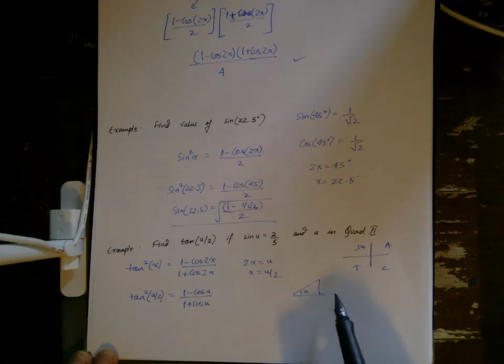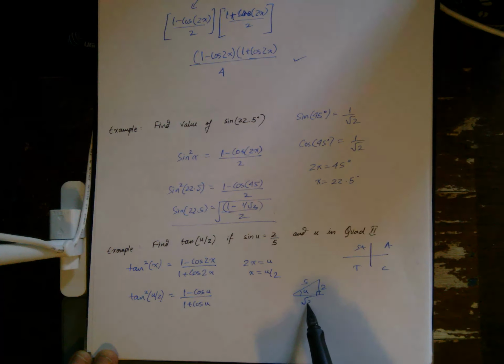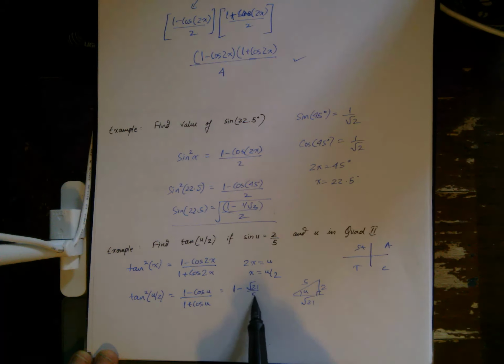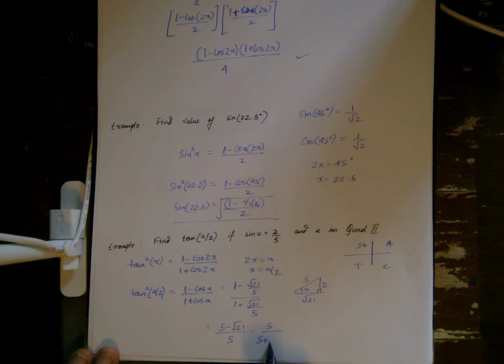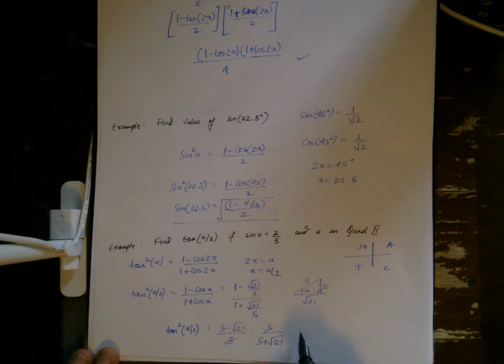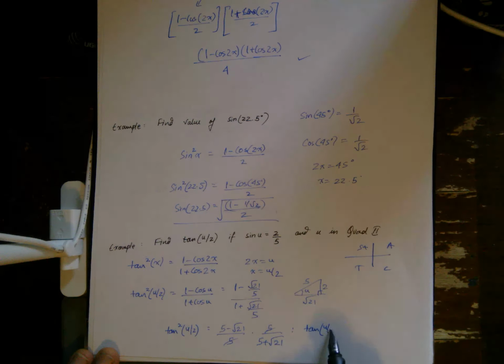But I have my triangle, which gives me sine is this, and this is root 21. So this is (1 minus root 21 over 5) over (1 plus root 21 over 5). That's (5 minus root 21) over 5 times 5 over (5 plus root 21). These cancel out. But that is tan squared, so tan is going to be the square root of (5 minus root 21) over (5 plus root 21).